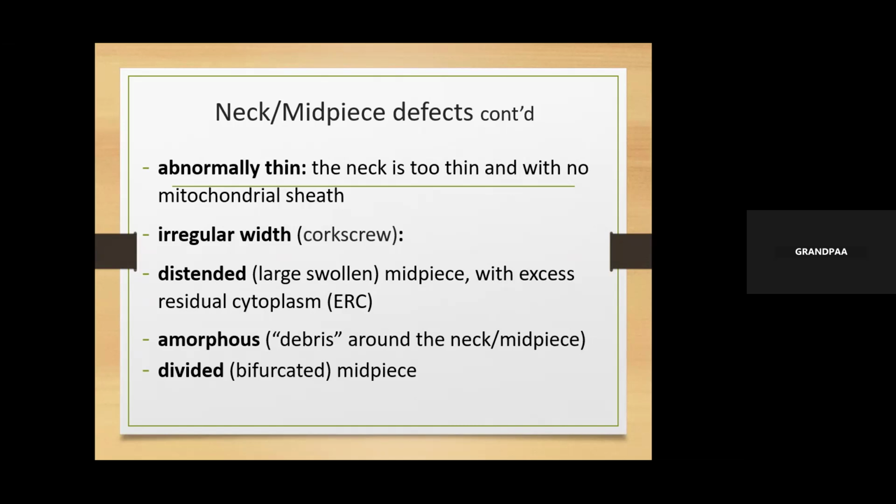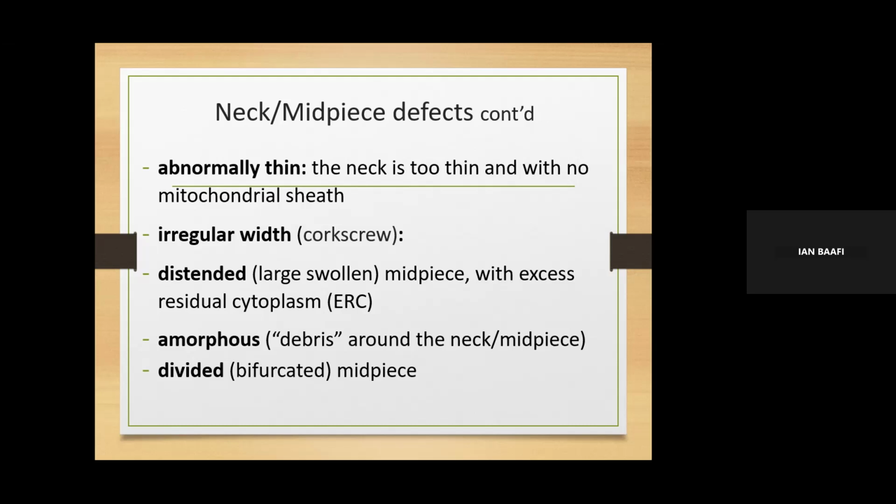Then we have the irregular wave, and that's the corkscrew. I'm sure all of us know about the corkscrew. Instead of the mid piece being smooth, it is corkscrew of a sort. That kind of irregularity could also give you a problem. And then you have the bent mid piece, and that is usually due to excess residual cytoplasm.